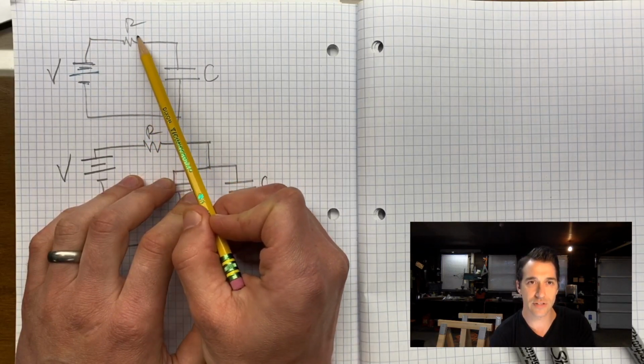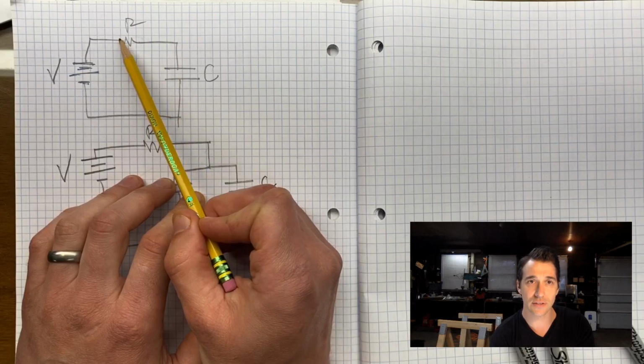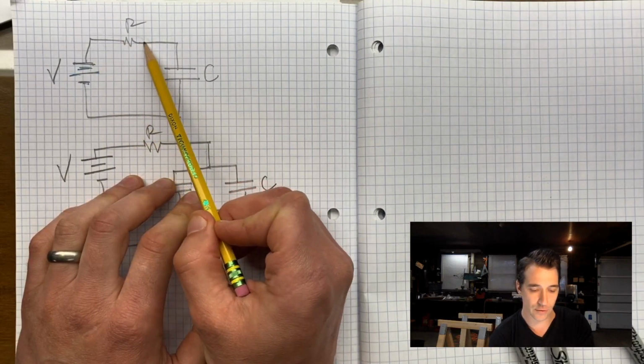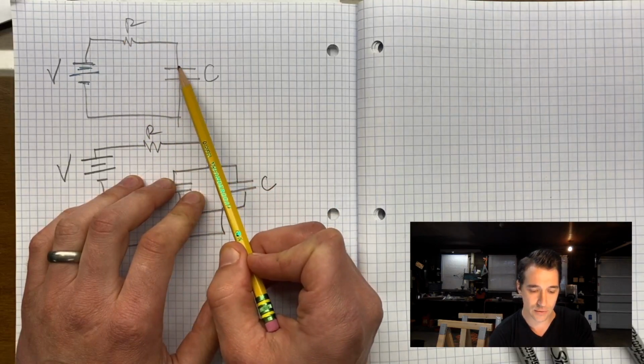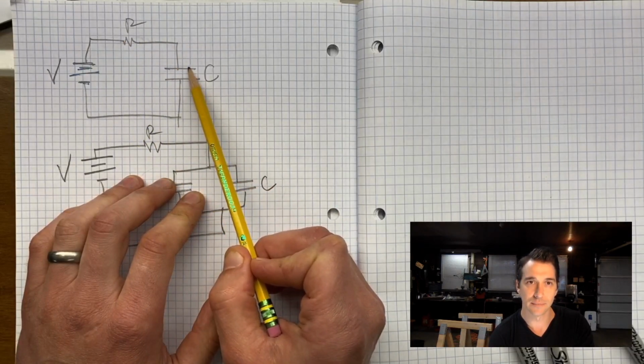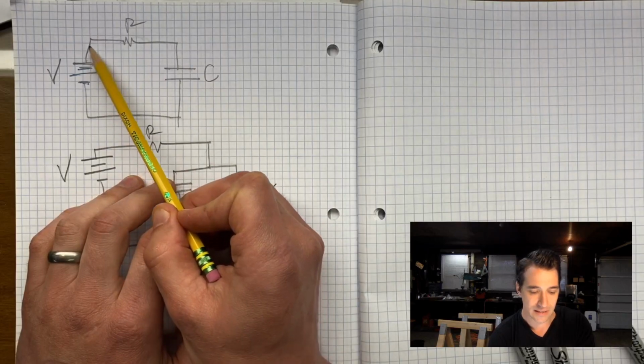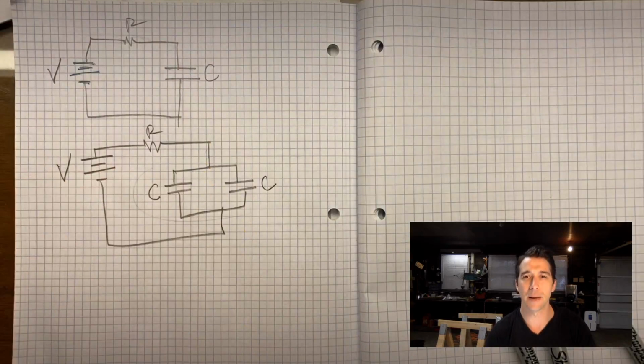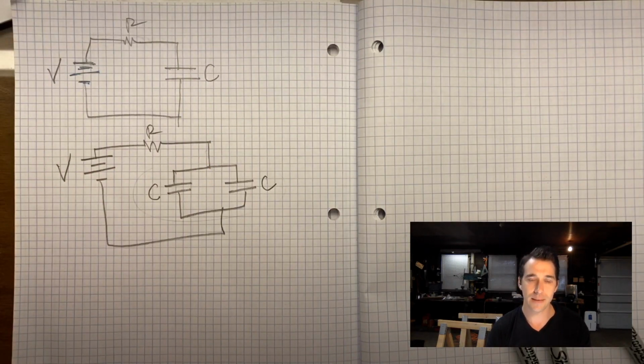When we have current through a resistor, we have a potential difference, or a voltage drop. Then the current continues and hits this capacitor, and as the current flows, the capacitor is becoming charged. That capacitor will charge over time until it's fully charged.